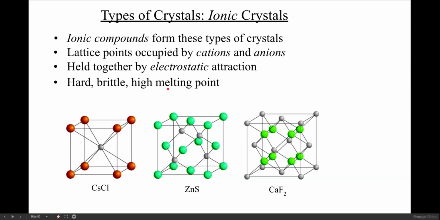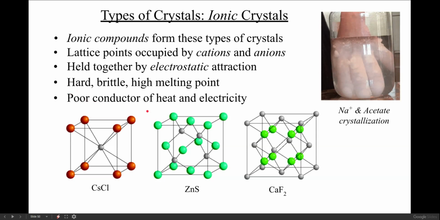And they have high melting points. Meaning you have to get them really hot before they're going to liquefy, because these electrostatic attractions can be pretty strong. They are poor conductors of heat and electricity. So unlike metals that are also hard, they do not conduct very well.